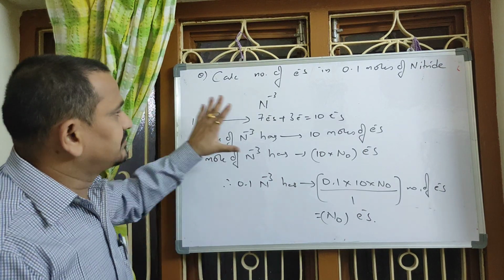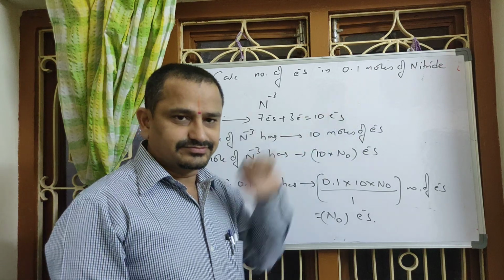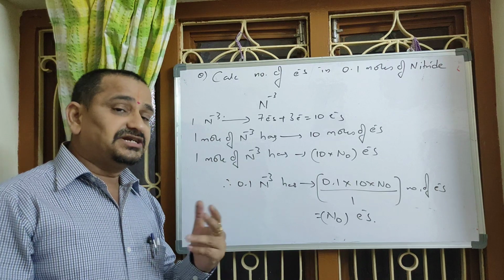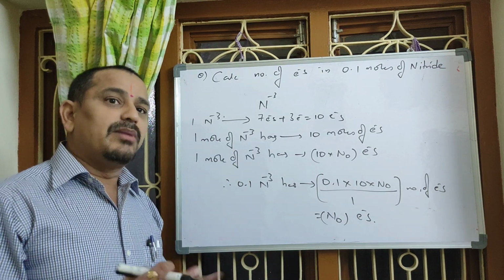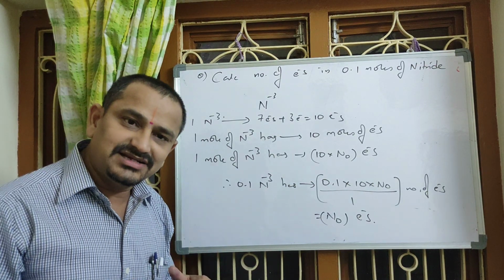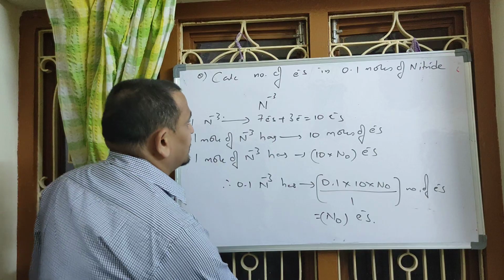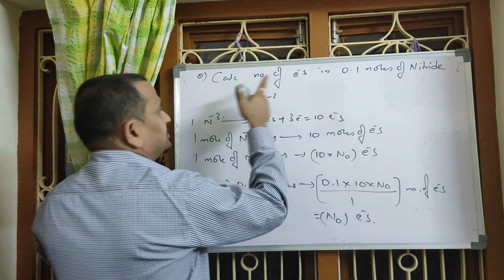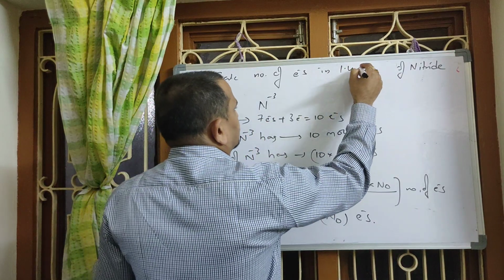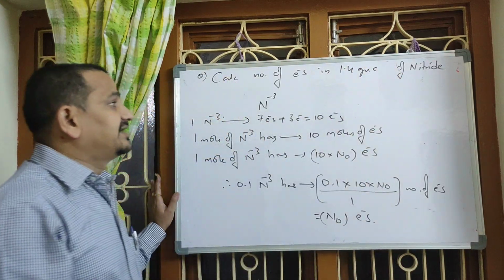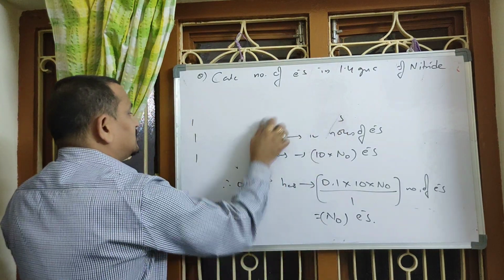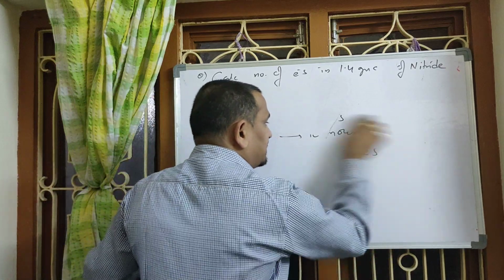Yes. So in this question, number of moles is directly given. Sometimes instead of giving moles directly, they may give mass, from which we have to calculate moles. See, let us see that model. Calculate the number of electrons in, suppose, 1.4 grams of nitride ion. Now this time mass is given. Number of moles is not supplied in the question.